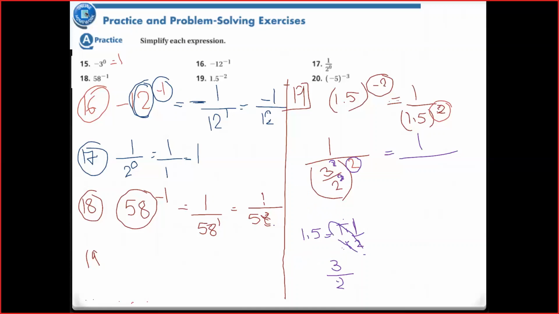Okay? Now, 3 squared is what? 3 multiplied by 3 is what? 9, exactly. And 2 squared, 4. Thank you. Now, as you took also in grade 6, if you have 1 divided by a over b, it is what?